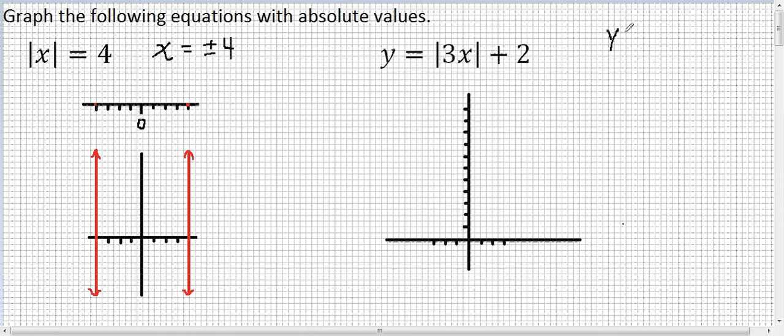In that case, we get the equation y is equal to 3x plus 2. But if the quantity 3x were negative, then we have to change the negative number to positive, which means we put a minus sign in front of it, which changes that number to a positive number.